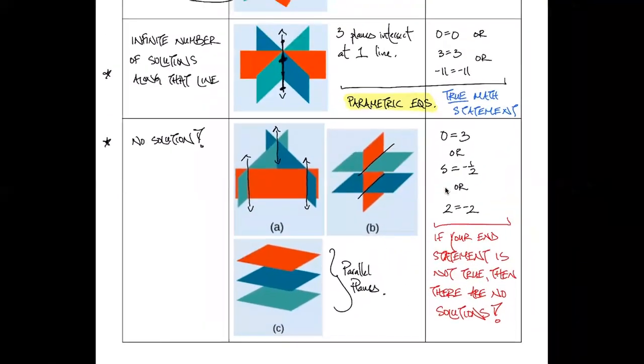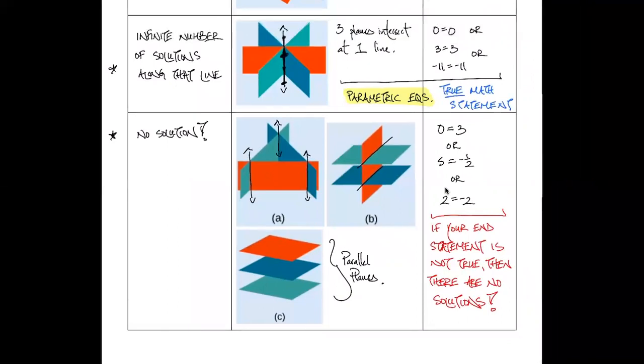Now, what's the difference between the infinite number of solutions and no solutions? For the infinite number of solutions, we get a true math statement at the end. But for no solutions, we end up with a statement that is not true: 0 equals 3, or 5 equals negative 1/2, or 2 equals negative 2.